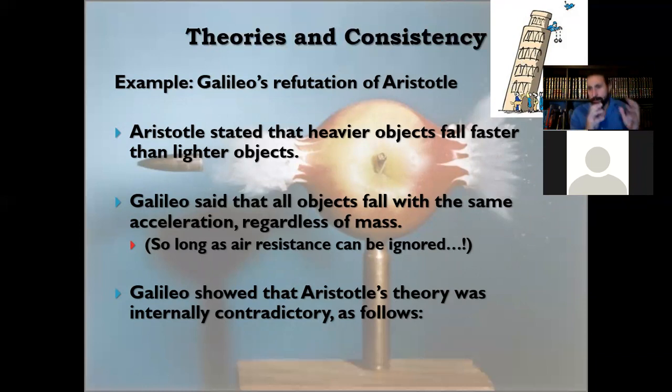If I have a light object and a heavy object, the heavy object is supposed to fall faster than the lighter object. But what if I attach the lighter object to the heavy object? Now, in some sense, it predicts two different things. One prediction is that it will make the heavier object slower. Another prediction is that it should make the heavier object faster.